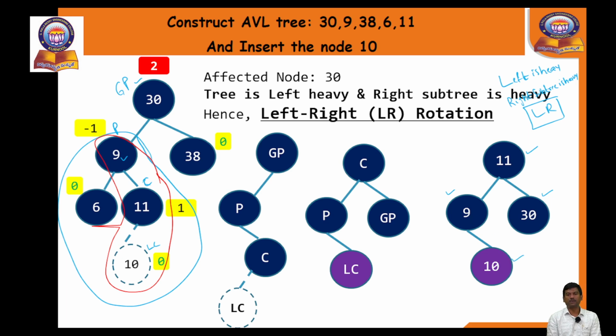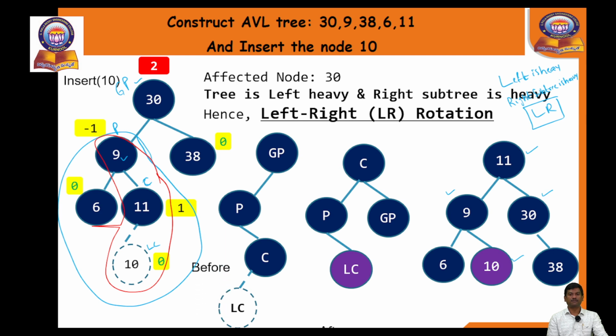That is how node 10 is placed. And the remaining part of the tree remains the same. Node 6 is attached to node 9 as a left child. And node 38 is the right child of node 30, so 38 is placed as the right child of node 30.